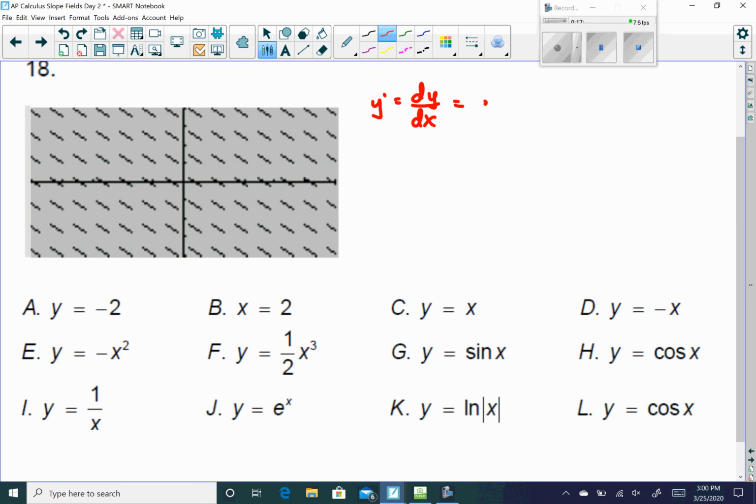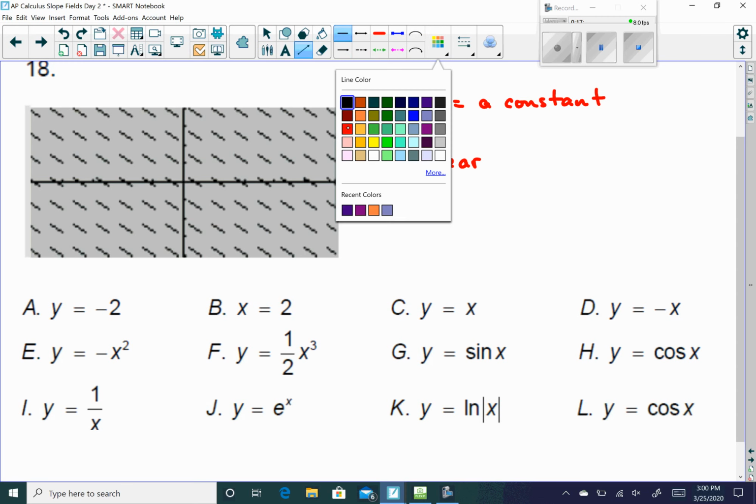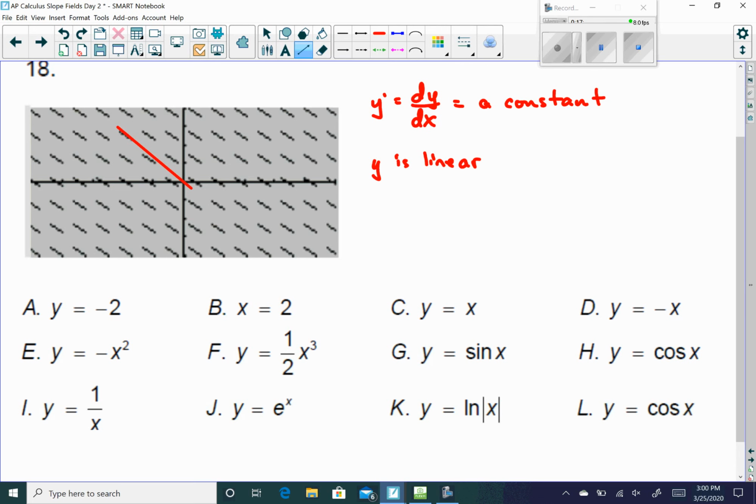It's like equals a constant. Now, if our derivative is a constant, that means our function is going to be linear, because the derivative of a linear function is a constant function. And if we were to draw in a specific solution for a line, we're kind of looking at something like this.